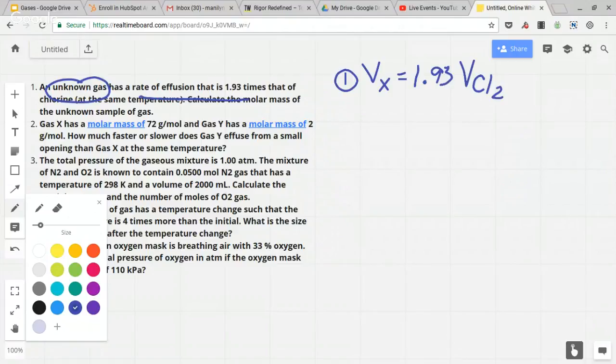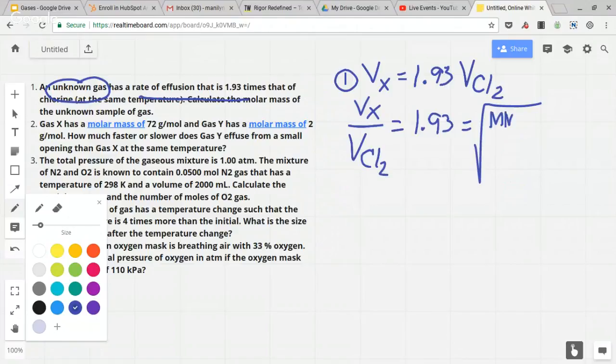So we can now say Vx over VCl2, dividing both sides by the rate of Cl2, is equal to 1.93, in which Vx over VCl2 is equal to the expression of molar mass, which is the inverse. So that is the square root of the molar mass of Cl2 over the molar mass of the unknown gas X.